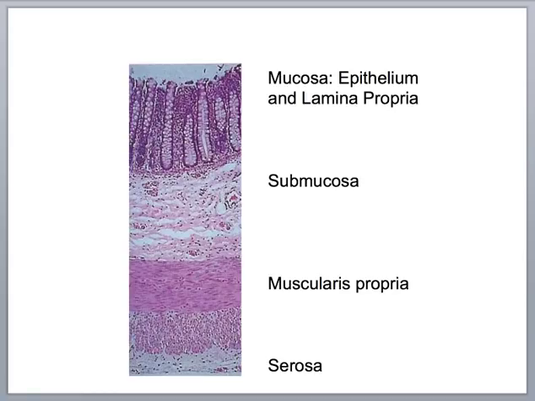This mucosal layer rests upon a layer called the submucosa, which has a loose arrangement of fibrovascular tissue and acts as sort of a cushion because the GI tract has to be distensible.